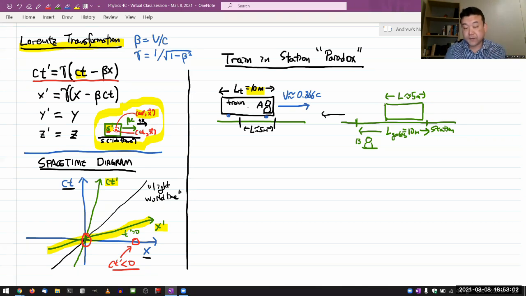And in this paradox, you don't even have that. You just have two reference frames moving relative to each other. And the statement sounds so reasonable: the train either fits or it doesn't fit. So which is it?